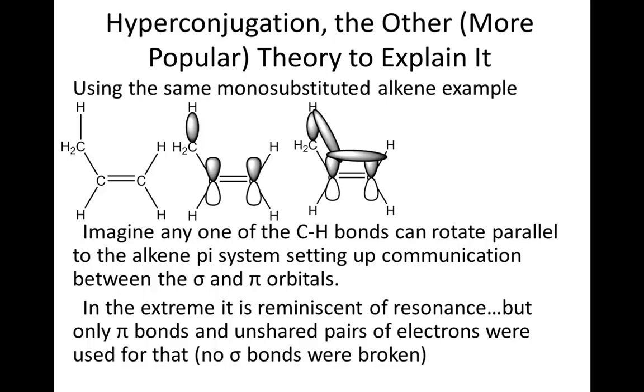In any event, the more of this kind of opportunity you provide for the double bond, the more stable it seems to be. So here's the extreme case, and we don't really see any free protons floating away, which this implies would happen, but it's just an extreme case. So this guy stays tucked in here close by.